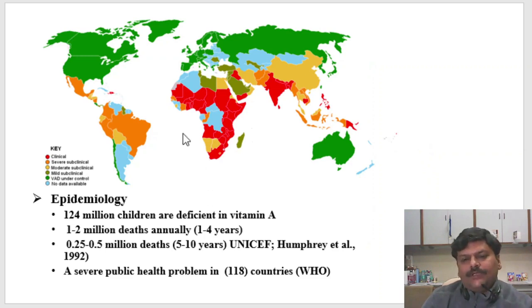If you see this map, it shows the prevalence of provitamin A deficiency in different countries, and you can see our country is clubbed with other countries, mainly in the African continent, which have very severe provitamin A deficiency in children and in women.